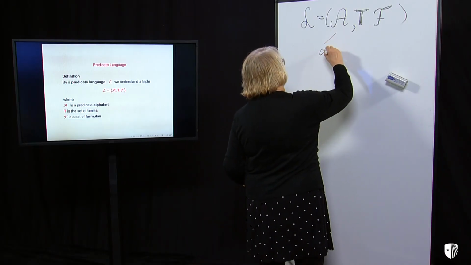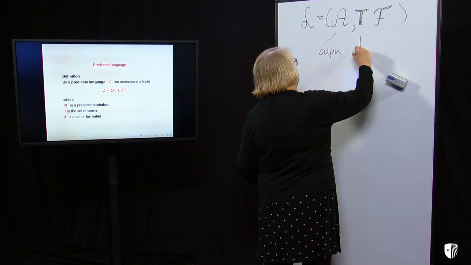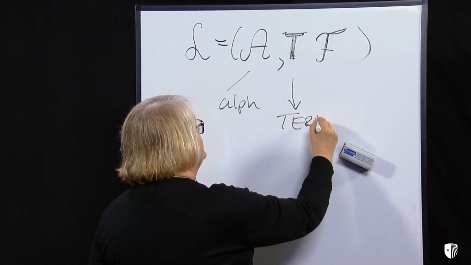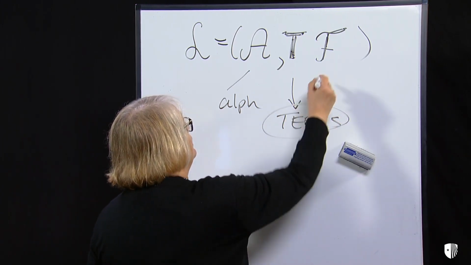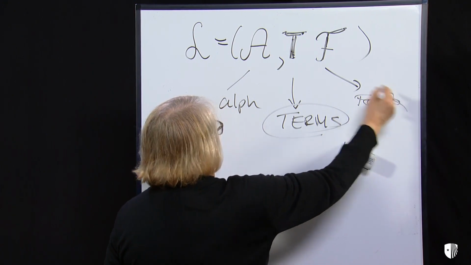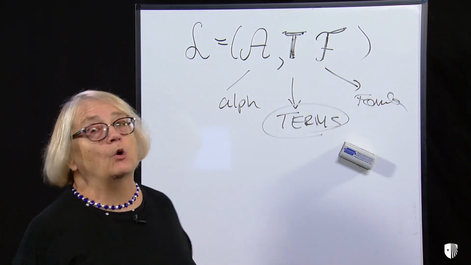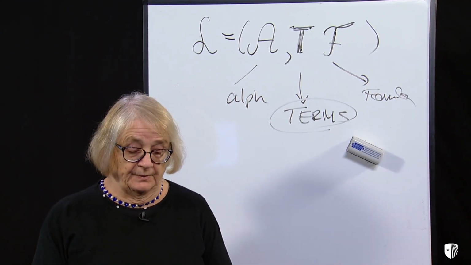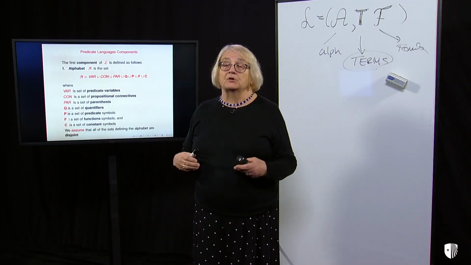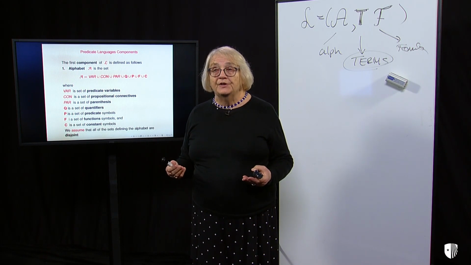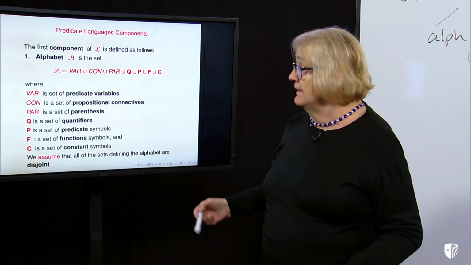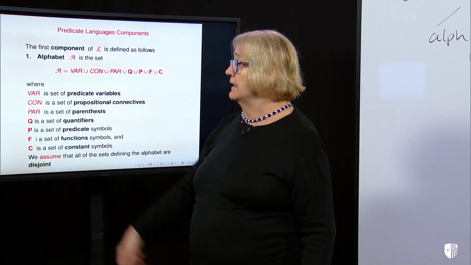So alphabet, and this is a new set, which is the set of terms, which we have to define, and formulas, which has a little bit more complex definition, but it's still the same type of definition. Because the language is much richer, the alphabet is much richer. And the alphabet has predicate variables.